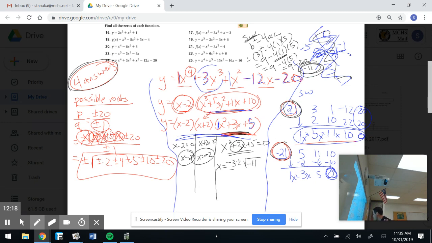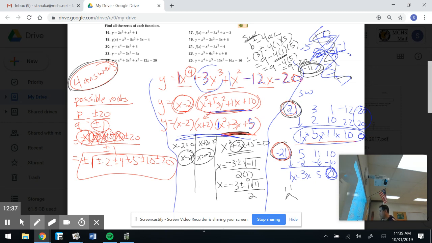We found it right there, all over 2 times a, and a is 1. So we learned in class that my answer is -3 plus or minus. I cannot have that negative in there, no way. So we bring it out as an i. Do you know what the square root of 11 is? Does 11 have a perfect square factor? No, so that's simplified.